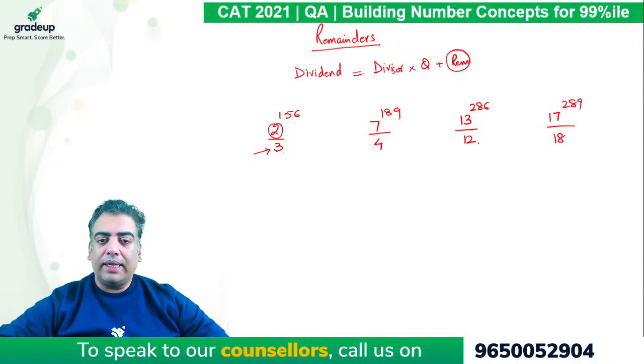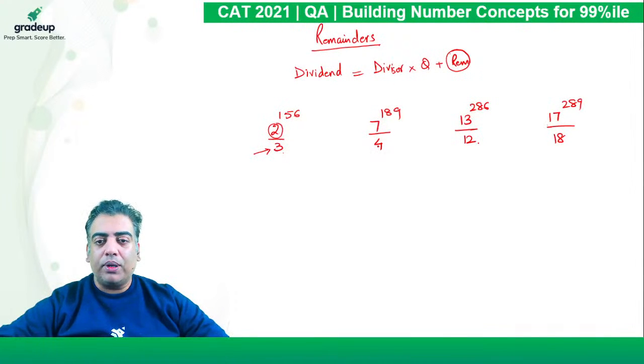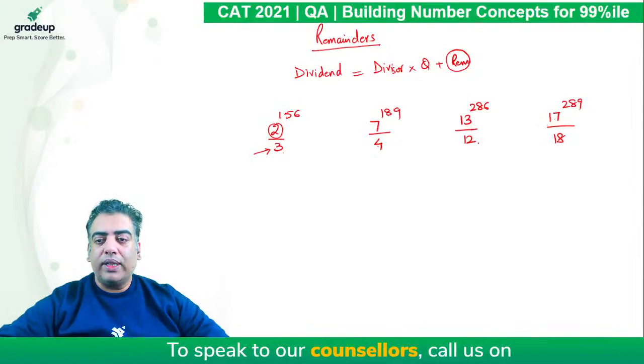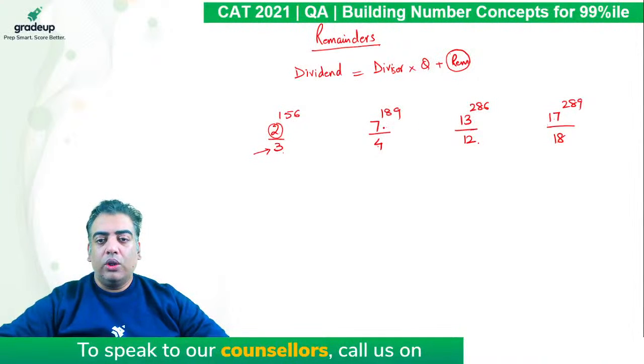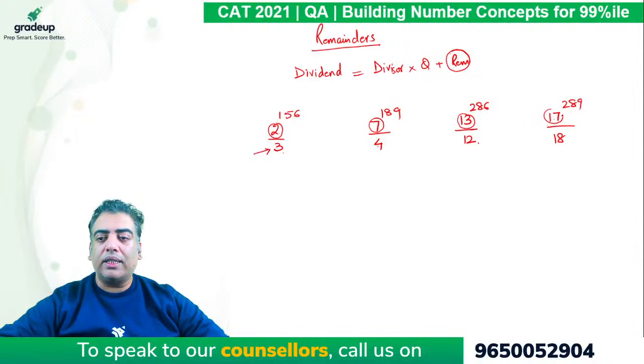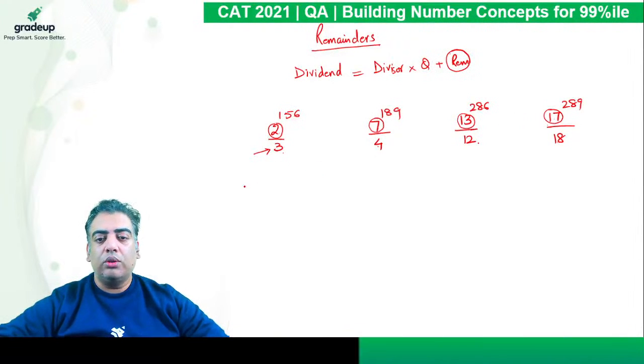Like 2 is 1 less than 3, 7 is 1 less than a multiple of 4, which is 8, 13 is 1 more than 12, 17 is 1 less than 18. So the number given to you here should be one more or one less than the divisor. Then the calculation is the easiest to find a remainder.